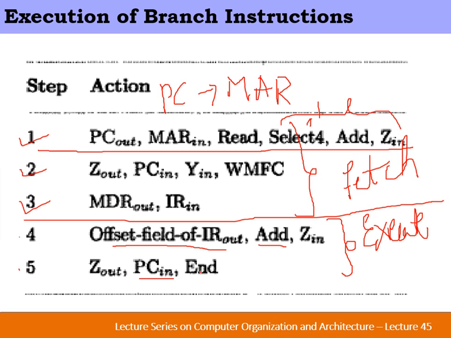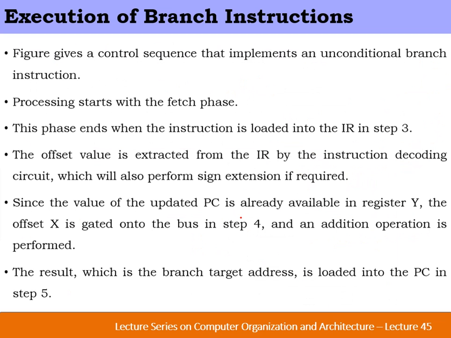And finally End. Whenever the End control signal becomes equal to 1, it indicates that a new fetch operation is going to happen, from the target address. The target address is now available in the program counter. From that target memory address we can fetch the instruction that is available there. So step number 1 is going to get repeated, the same steps are used.